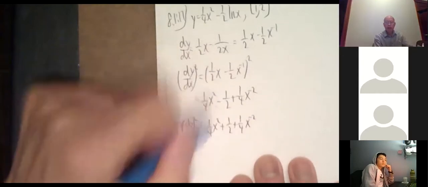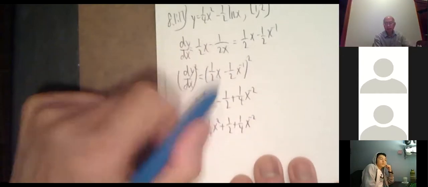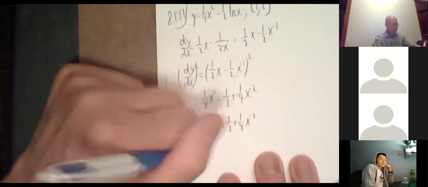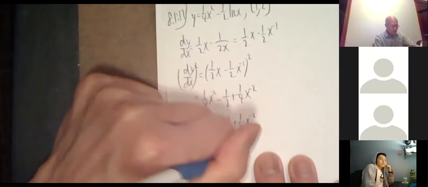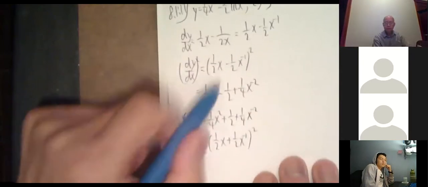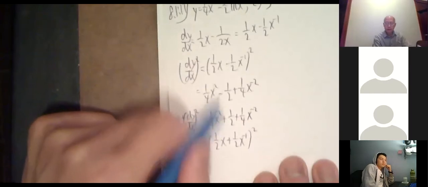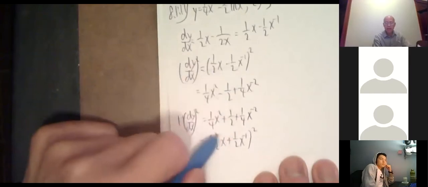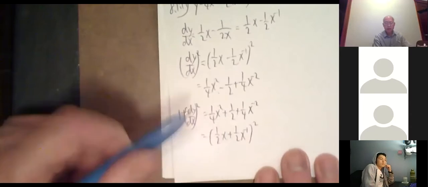And if you think of where it came from, it's the same factorization as this, except that becomes a plus. So this is (1/2 x plus 1/2 x to the negative 1) quantity squared. Only difference was here. So instead of a minus b, it's a plus b. Okay, so that goes underneath the square root.